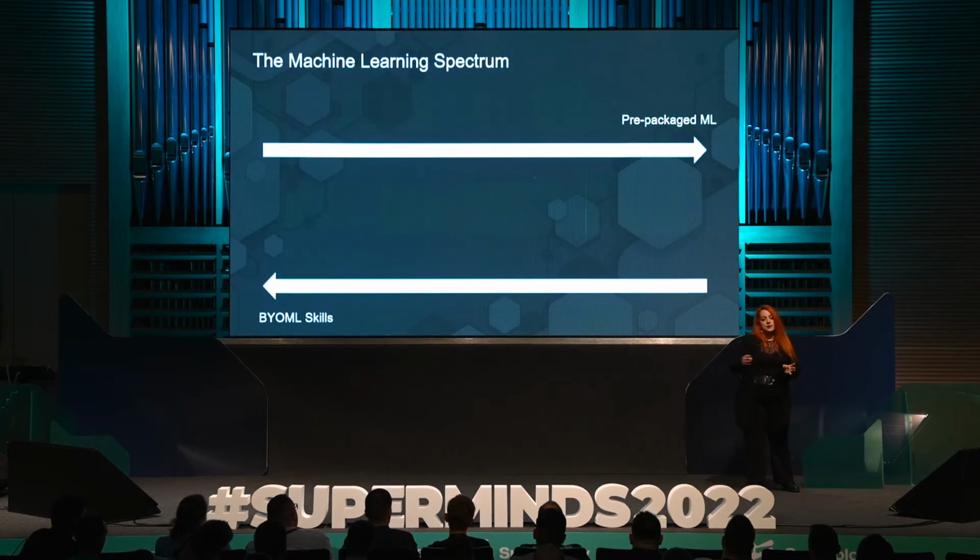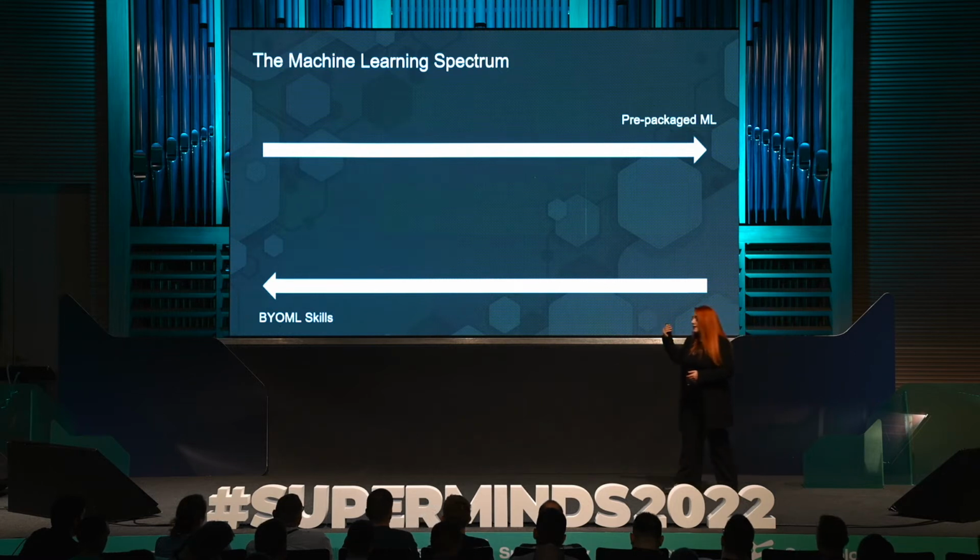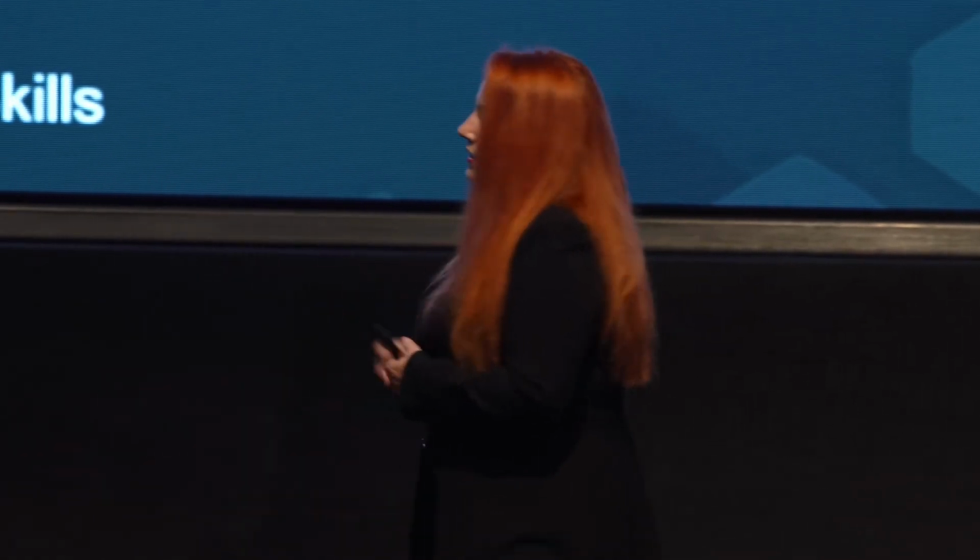Let's put that into a spectrum so you can better understand the differences between all these three. On the one side, we have build your own machine learning skills, and on the other side, we have the pre-trained or pre-packaged machine learning. First of all, we have TensorFlow, which is completely from scratch, or the pre-trained models.